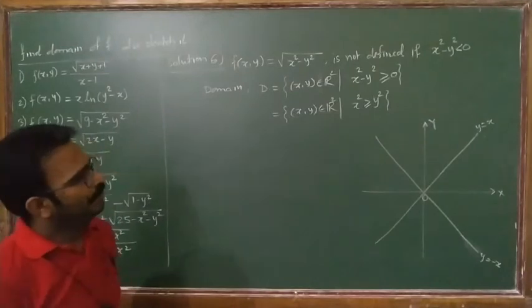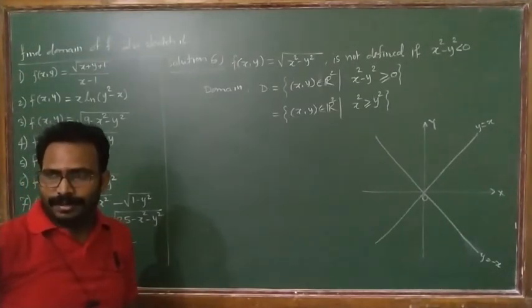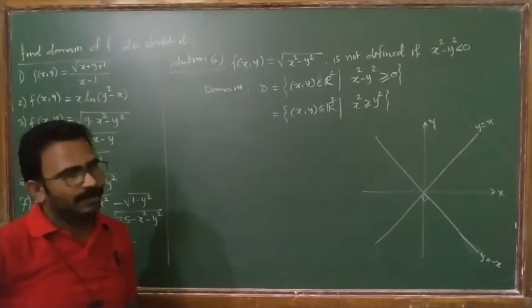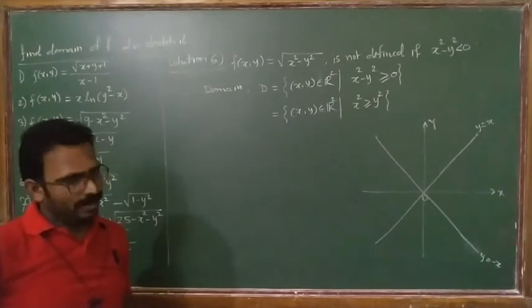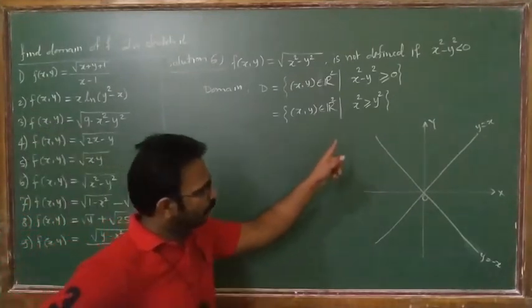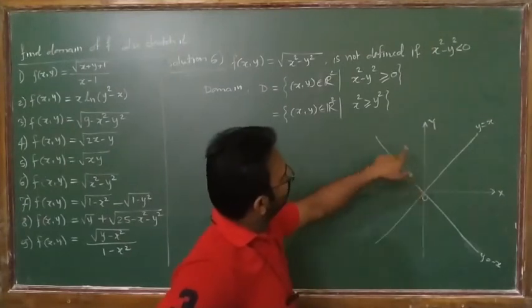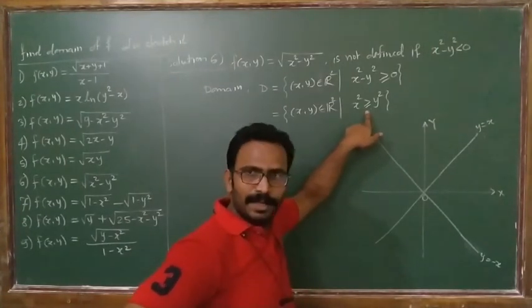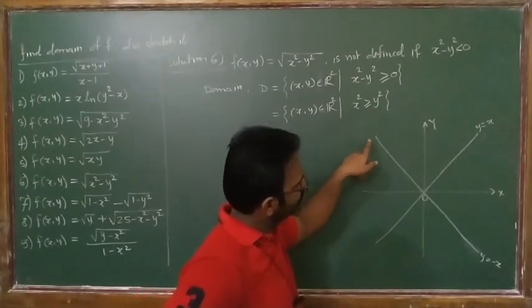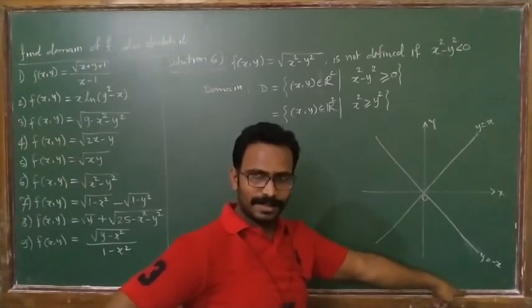So which is the part where the square of the first coordinate is greater or equal to the square of the second coordinate? Does the domain contain the boundaries, y equal to x, y equal to minus x? Yes, because equality would be there. This is y equal to minus x, so y square will be same as x square.